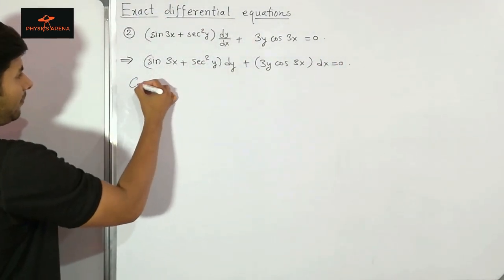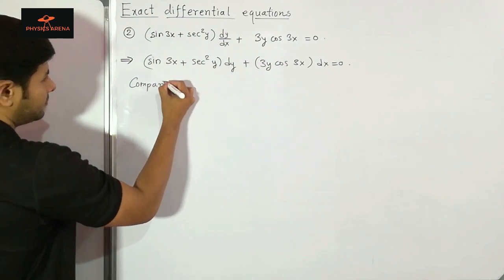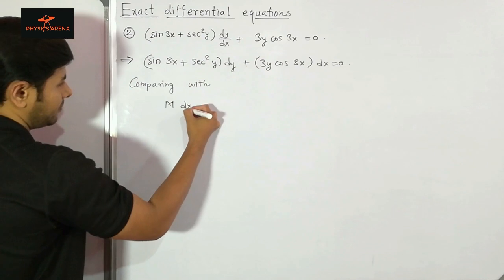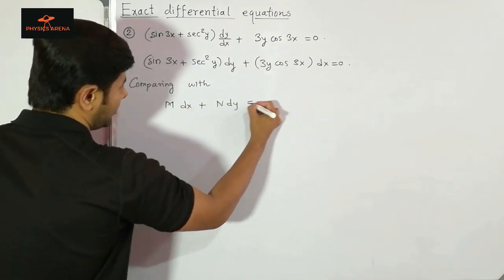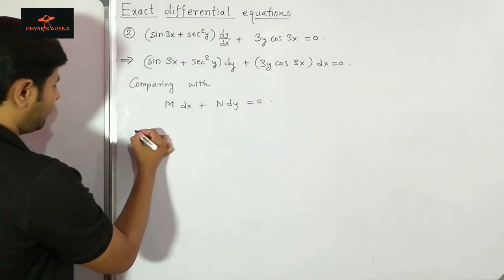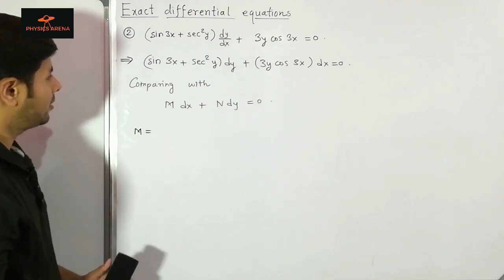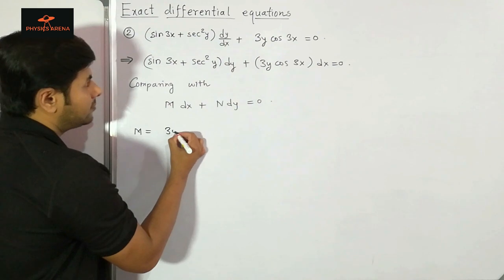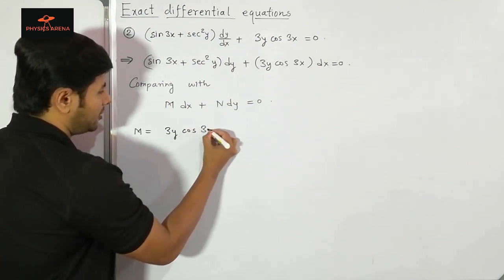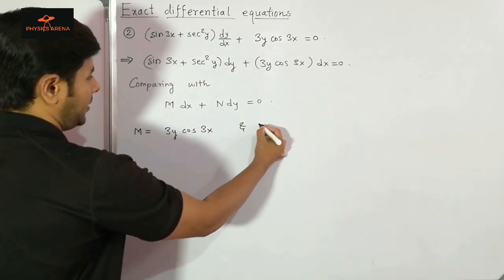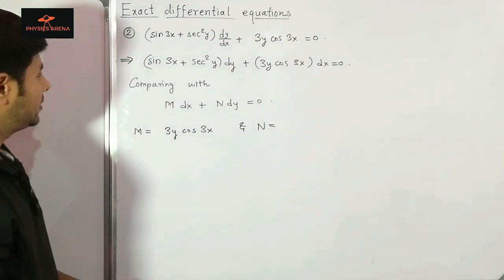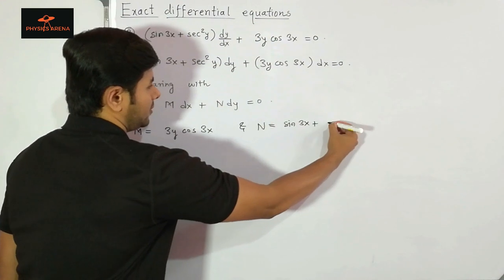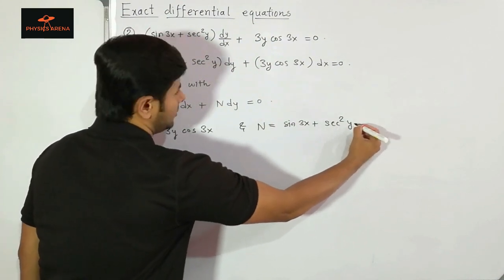Then we'll compare it with m dx plus n dy equals to 0. We get m equals to 3y into cosine of 3x, and n, we get sine 3x plus sec square y.